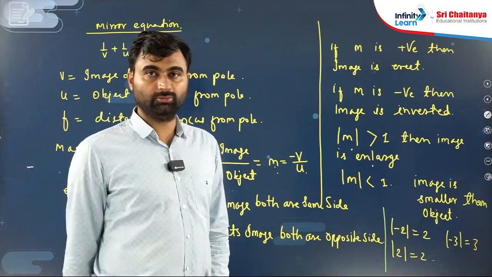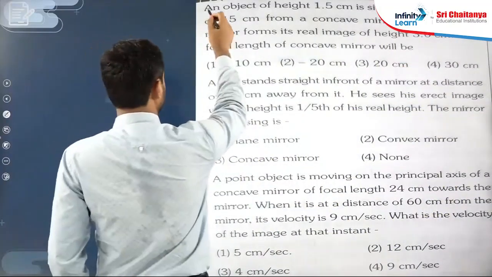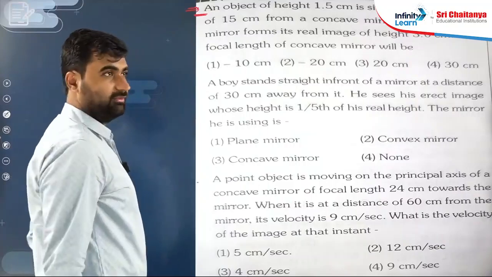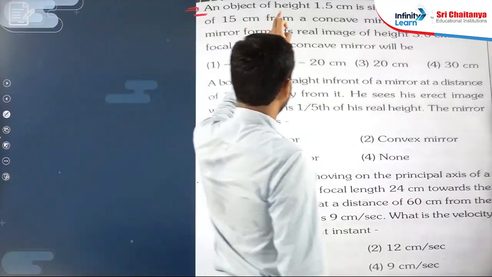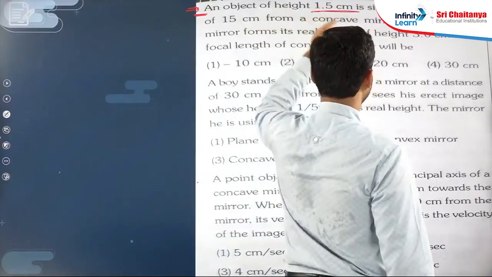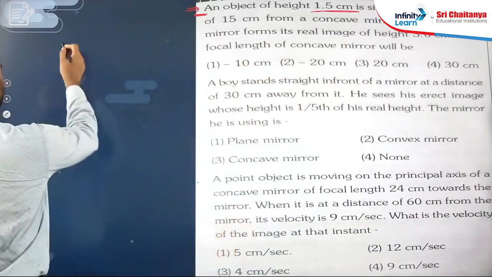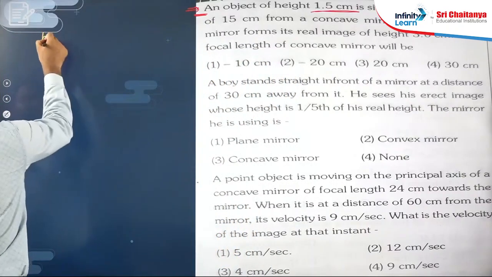Today we will solve one more question. What is given? An object of height 1.5 centimeter. Height of object, so this is HO.